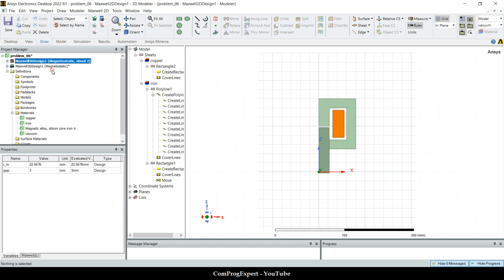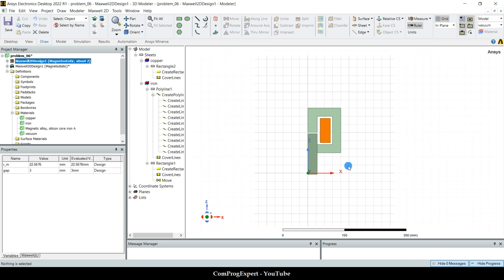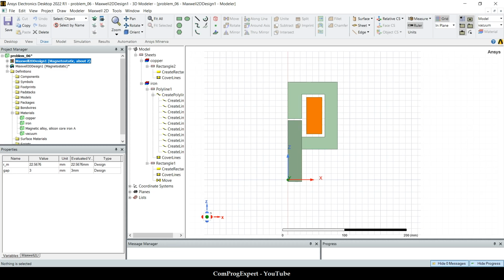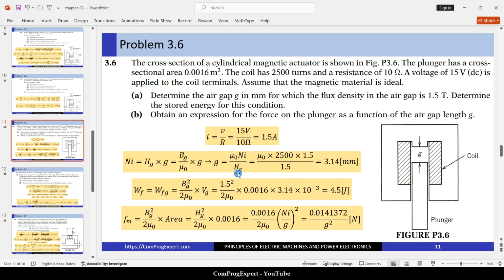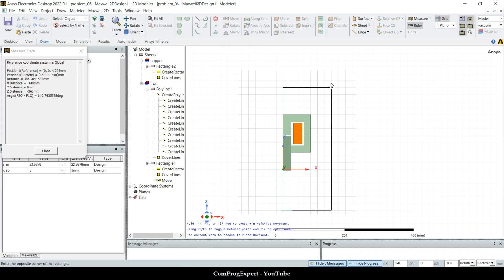So this is the 2D view, two-dimensional view. And if I set the air gap equal to this one and calculate the energy, can we get this number or not? Let's try. In this case, let's draw this region.